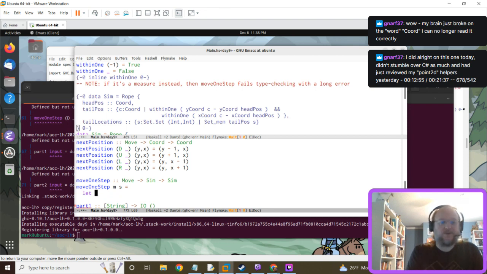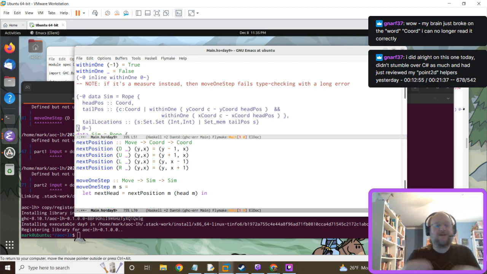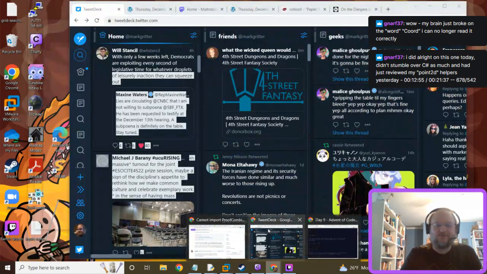All right, so the head's going to move, and now we have to apply the rules that tell us how the tail will move.